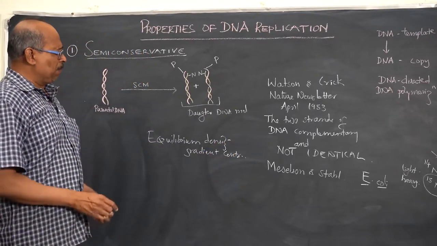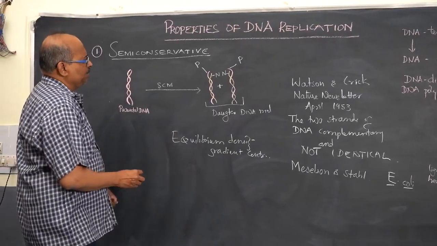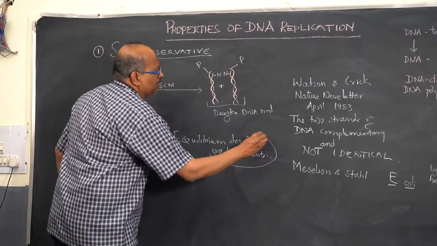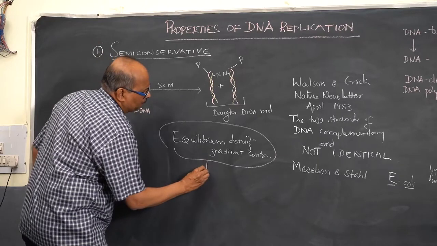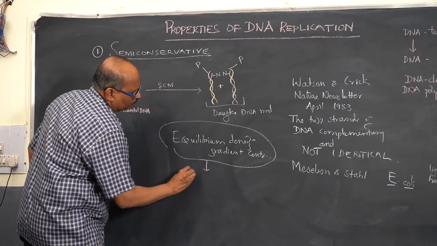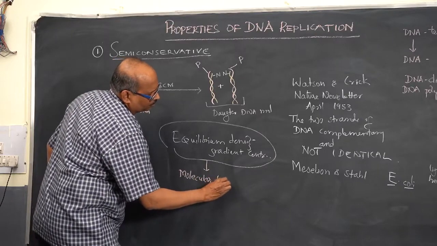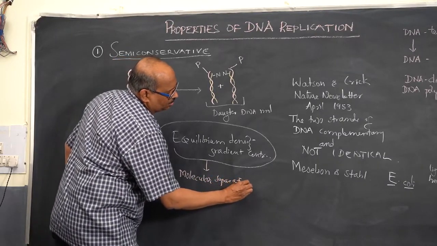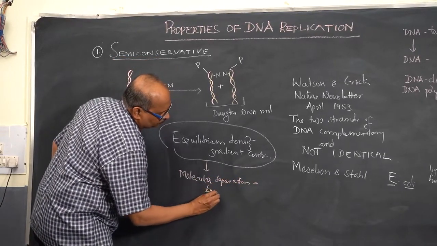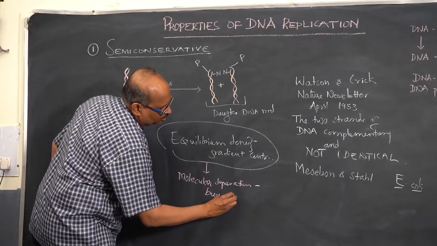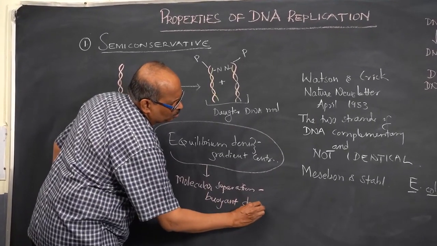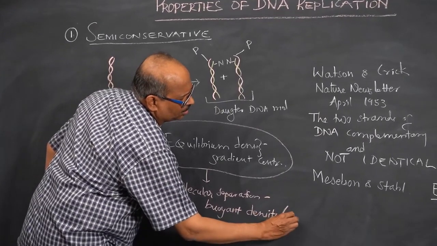Now this is an experiment where the molecules will be separated by bond density, or usually we write the Greek letter rho.